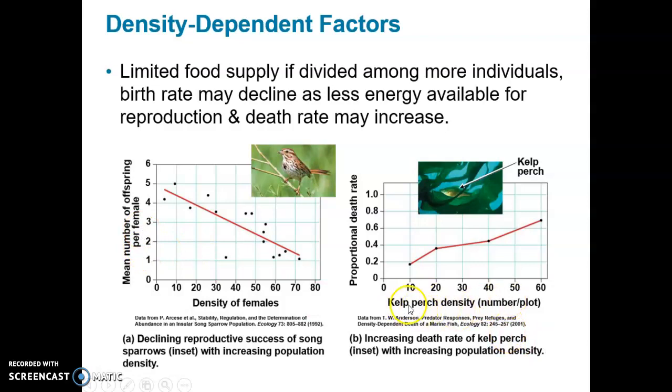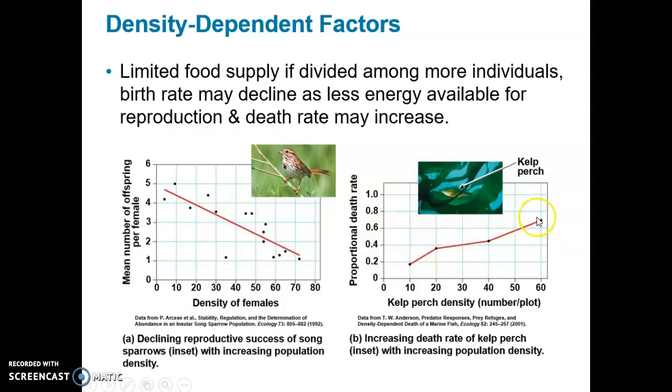Over here, kelp type of fish, kelp perch density, as their numbers increase, notice the line goes up, and the line represents numbers versus proportional death rate. So, as the density of this particular fish, this perch, increases, their death rate goes up.